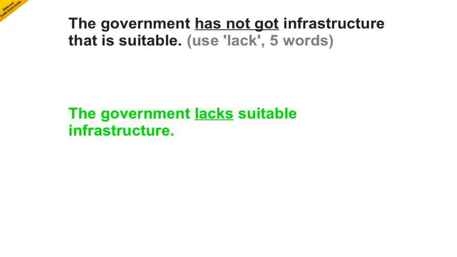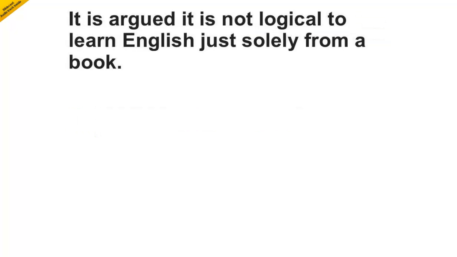All right. So, another example. It is argued it is not logical to learn English just solely from a book. Okay? Now, here, the teacher taught us that what we can do is get the negative construction and use the Latin verb, which in this case would be logical, get the main word with its negative construction, and then we use the negative version.